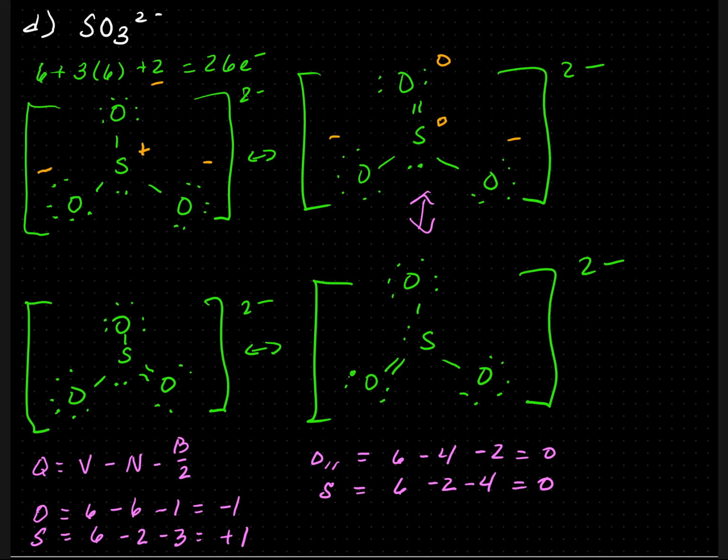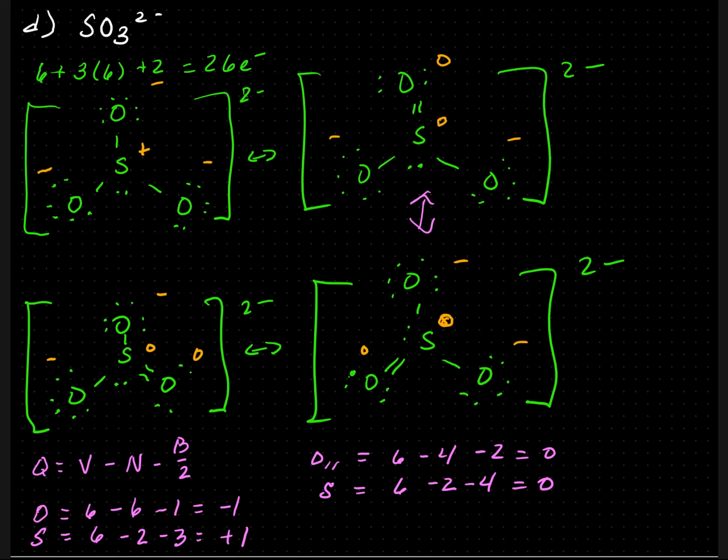That means all the resonance structures of that picture will have the same charges. So the single bond oxygens will be negative, the sulfur will be 0, and the double bond oxygen will be 0. And in the last picture, the double bond oxygen will be 0, the sulfur will be 0, and the single bond oxygens will be negative.